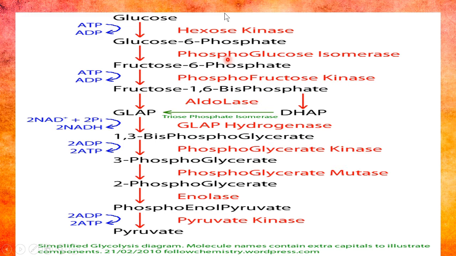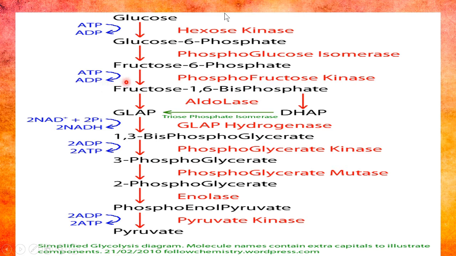Now we see the third step of the preparatory phase and third step of glycolysis, that is phosphorylation 2. During this reaction, fructose 6-phosphate is further phosphorylated by an ATP molecule to give fructose 1,6-bisphosphate and ADP.